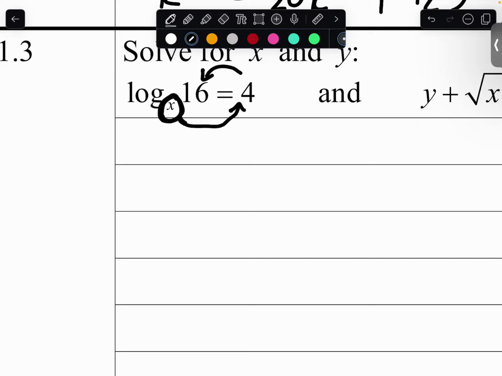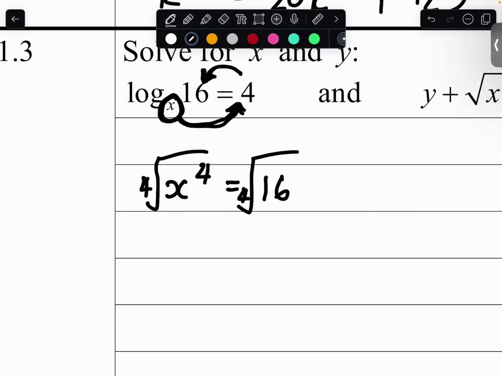This raised to that equal to that. So it's x to the power 4 is equal to 16. Then you're going to fourth root both sides. Then x is equal to 2.